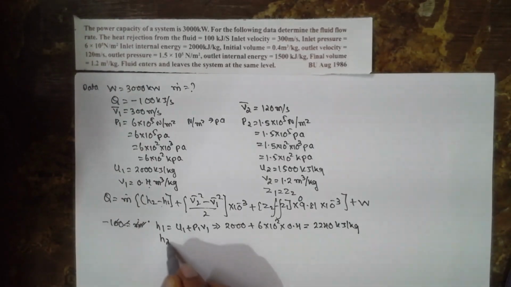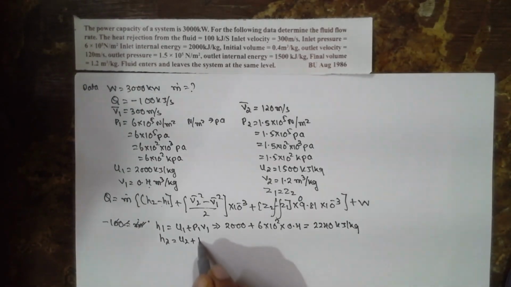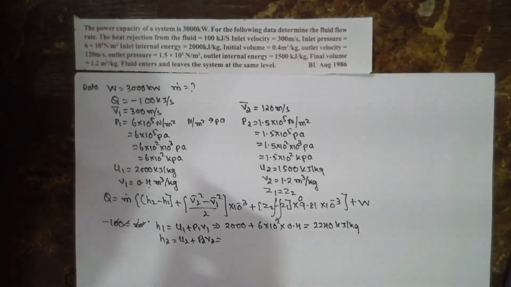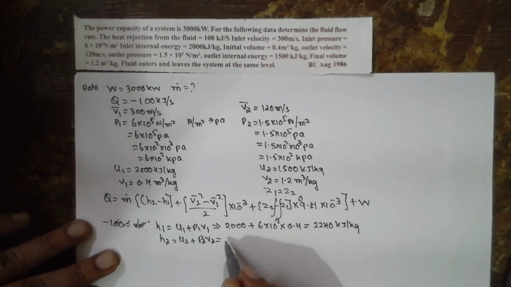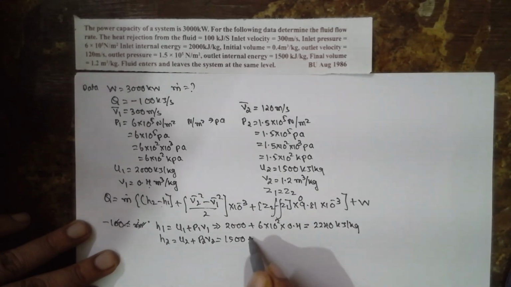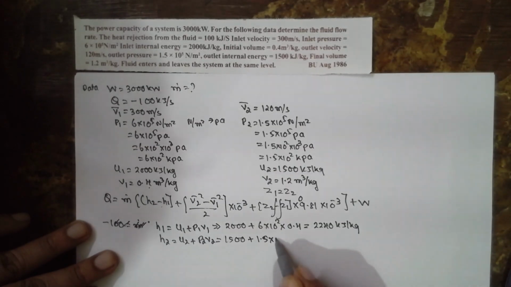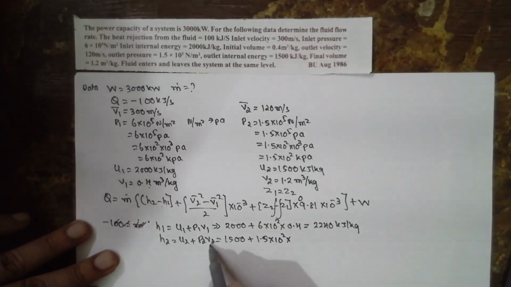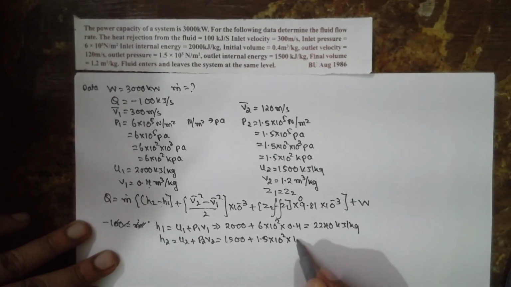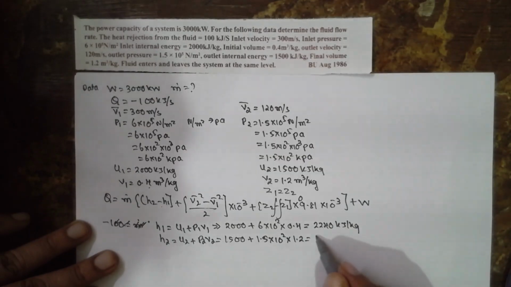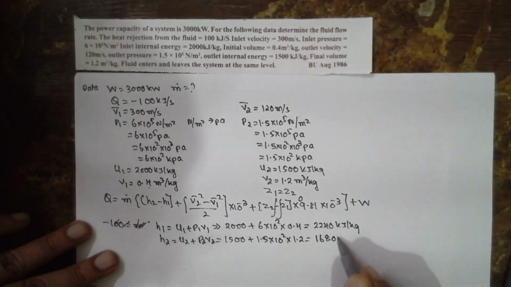Now H2 is U2 plus P2 V2. U2 value is 1500 plus P2, which is 1.5 into 10 square, into V2, which is 1.2. You will get the answer as 1680 kilojoule per kg.